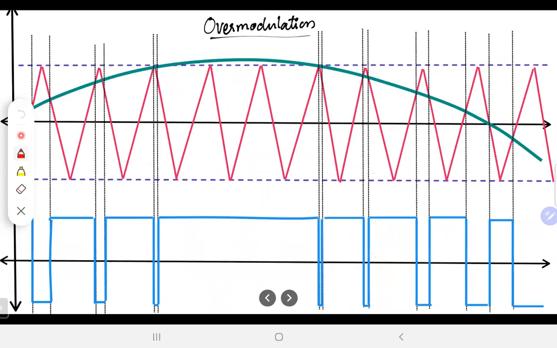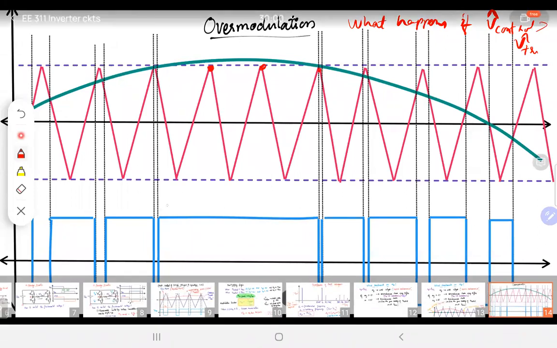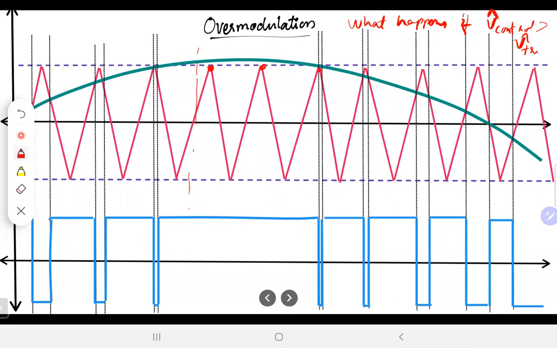Now, there is one more interesting concept here which I have to discuss today. So this is what we call as overmodulation. What happens if the peak value of V control peak is greater than the triangle peak, or this is the triangle peak which you see here, at least at certain region, that is from here to here, I have the V control peak.